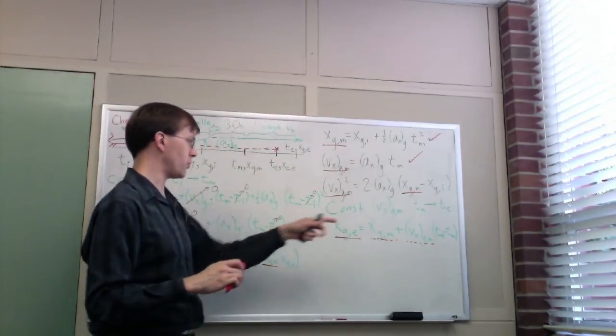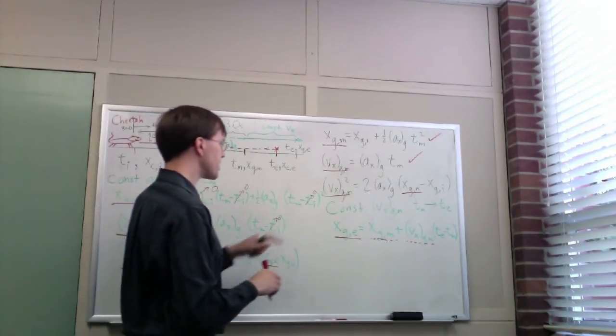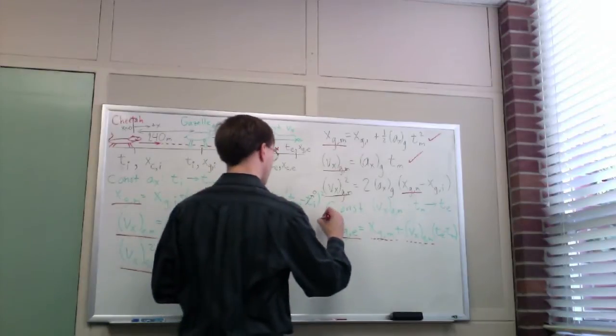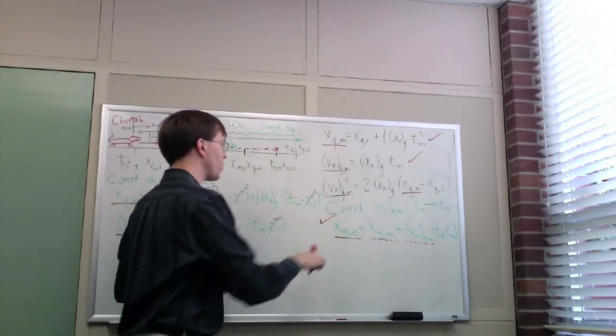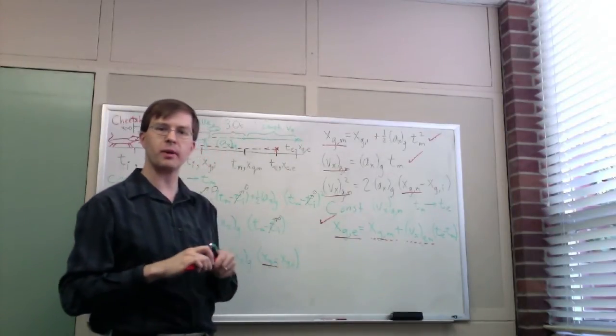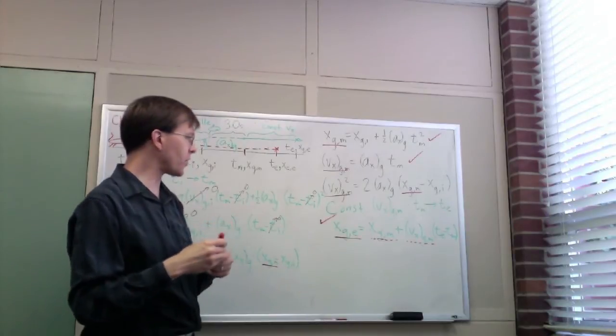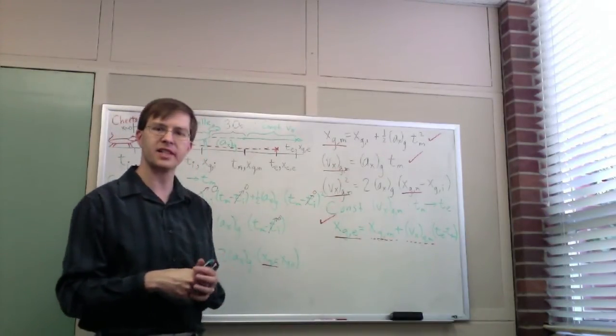So those are knowns. So okay, I've got this equation, and this is going to be another equation that I will keep. So now I have 1, 2, 3 equations that I'm going to use. And hey, 1, 2, 3 unknowns, 3 independent unknowns in these equations. So that means I have enough information to solve for my final position of the gazelle.